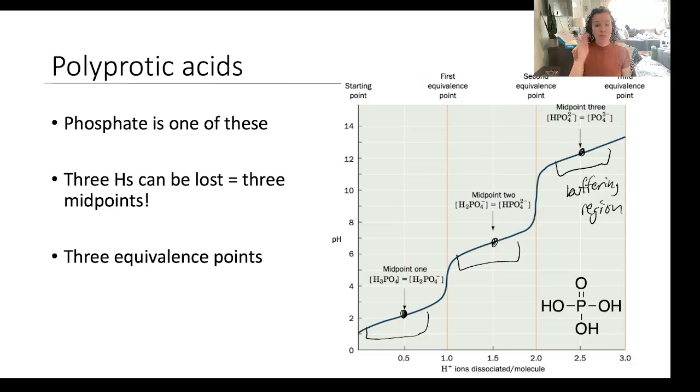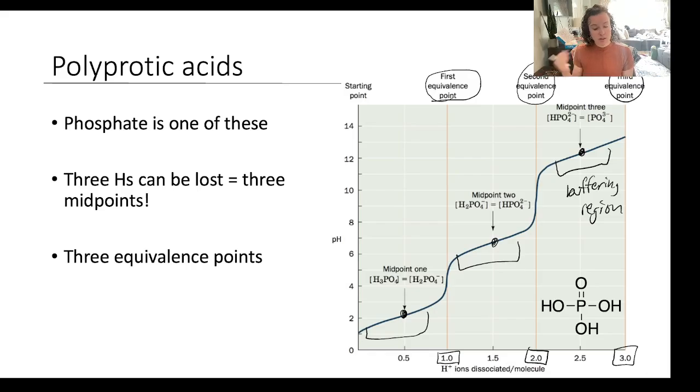Since there are 3 protons that can be lost, there are also 3 equivalence points where we have 1 proton fully dissociated, then the next proton fully dissociated, and then the next proton fully dissociated.